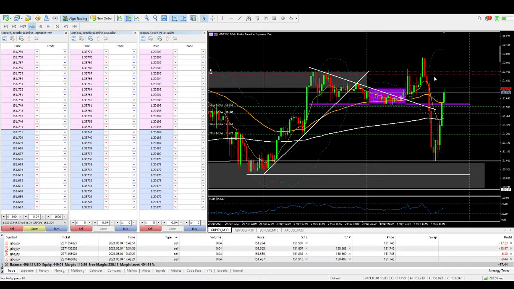So this is my stop loss over here. If it's here, the 5 pip spread is here, so I'll give it another 4 pips above it. Yeah, I'm thinking it's going to hit this stop loss. It will stop us out.